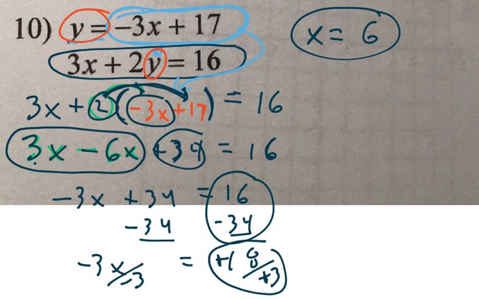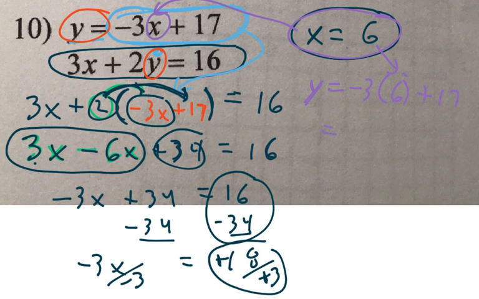Now that I know x is 6, guys, I can take this 6 and plug it into my y equation to find y. So y equals negative 3 times x. X, again, will be 6. I'm putting in 6, plus 17.